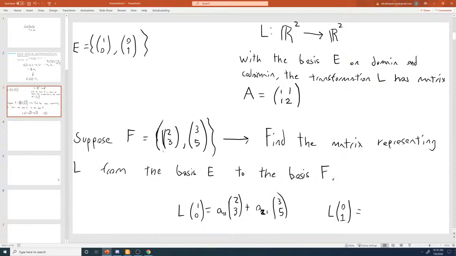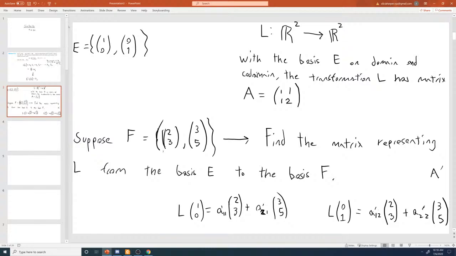And then here we're going to have A12 times (2, 3) plus A22 times (3, 5). We want to figure out what these components are. If we can, we'll get the components of our new matrix, A prime. And just to indicate that these are the components of a new matrix, A prime, I'm going to give them all primes.